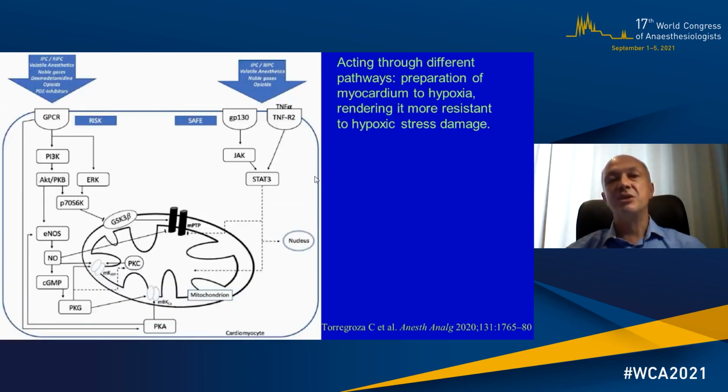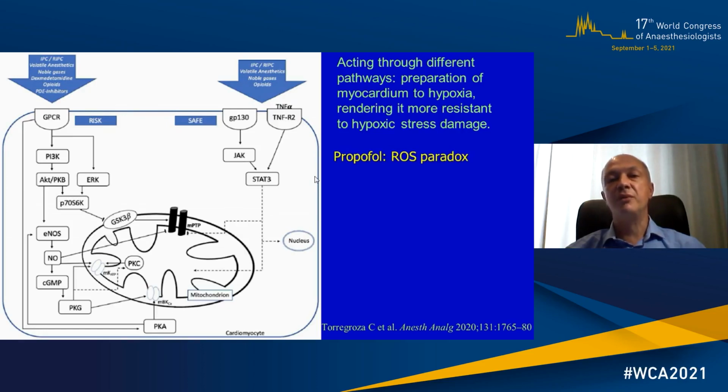Here you see that acting through different pathways, both non-pharmacological and pharmacological methods will prepare myocardium to hypoxia, making it more resistant to hypoxic stress. Here you see that the RISK pathway includes different kinases, nitric oxide, and actually will inhibit opening of mitochondrial pores. And the SAFE pathway will be accompanied by the activation of TNF and Janus kinases, also leading to mitochondrial modulation.